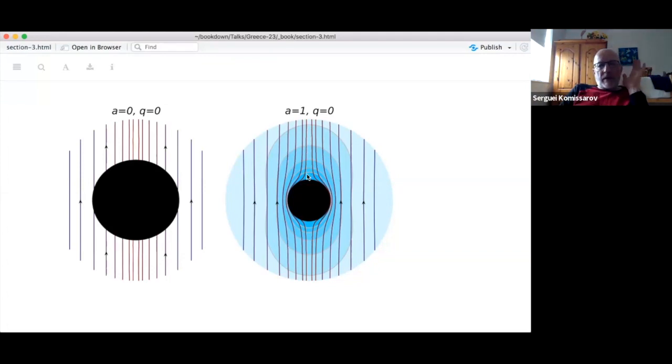So just like Wald argued. And this is more or less the same along all magnetic field lines which go close to the event horizon.